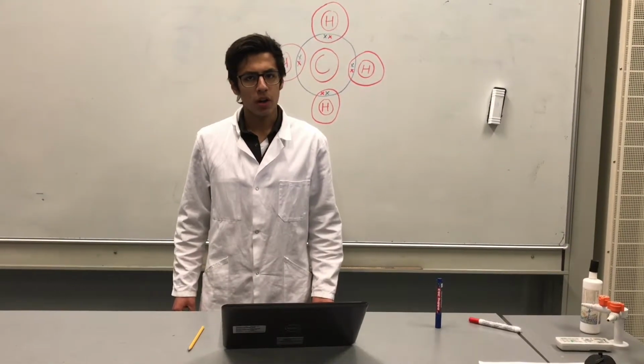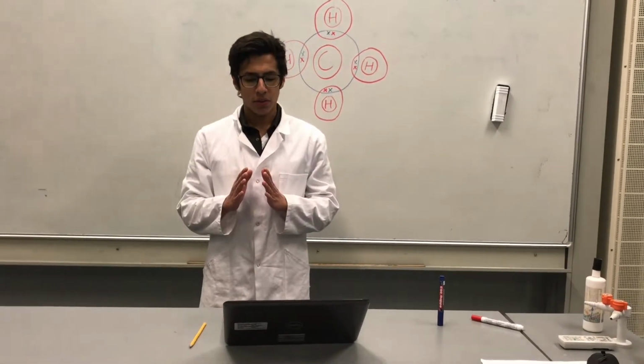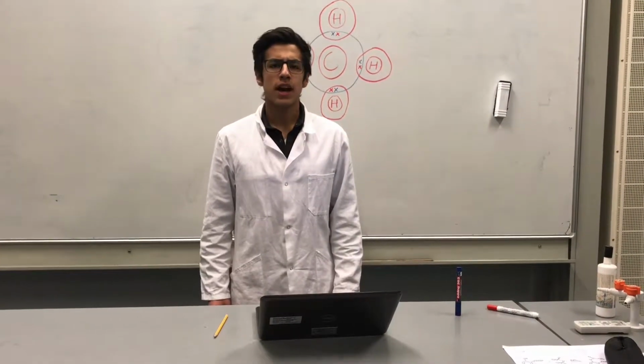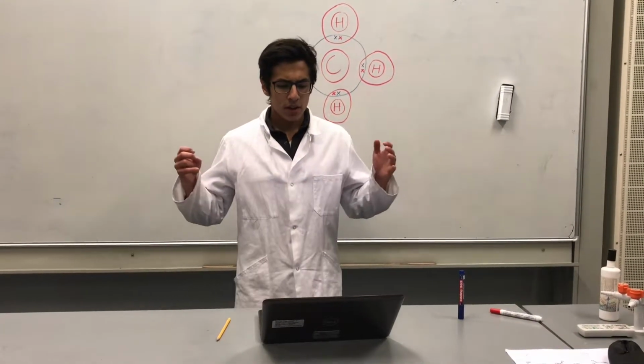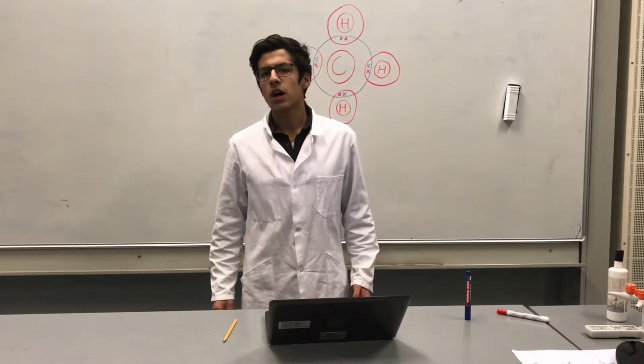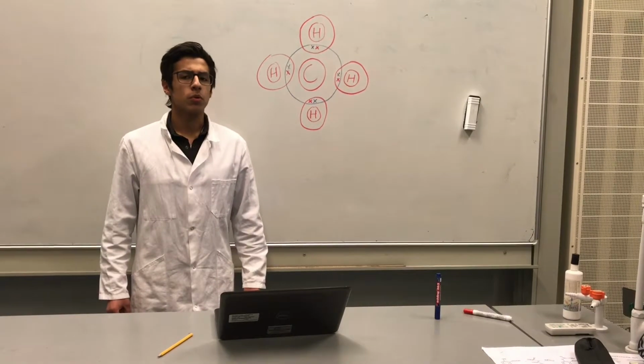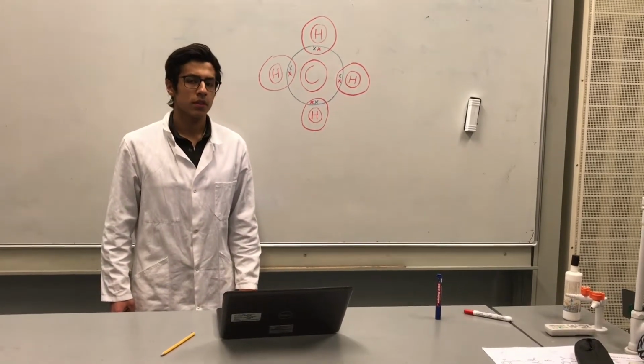The greater the number of bonds, the shorter the bond length, the stronger the bond is. The kind of bonds that will form between the atoms depends on how many electrons are needed to achieve a full outer shell. For example, methane is a covalent bond between carbon and hydrogen.